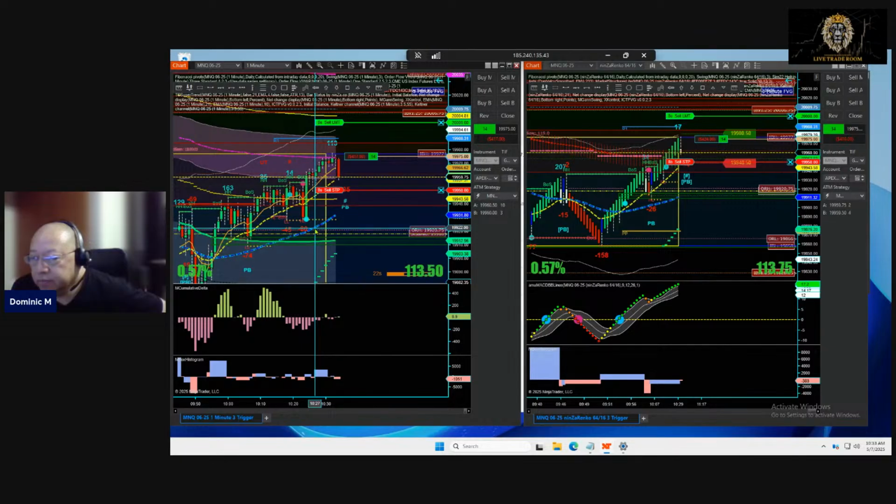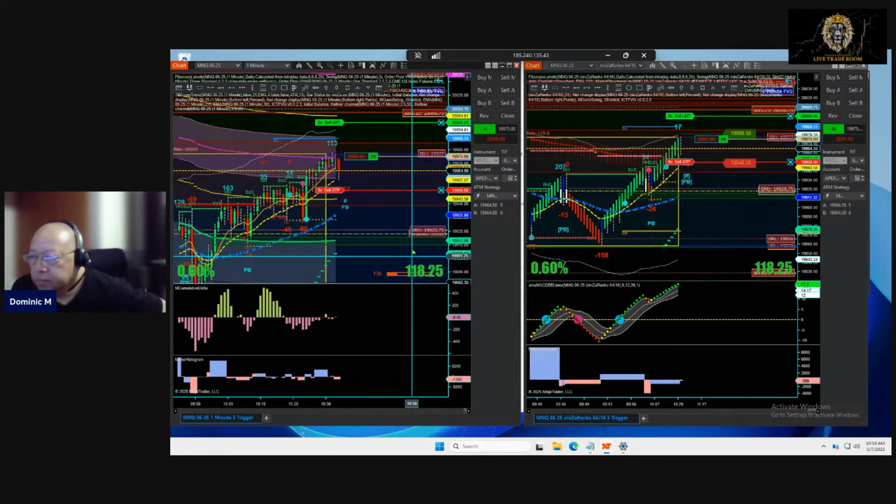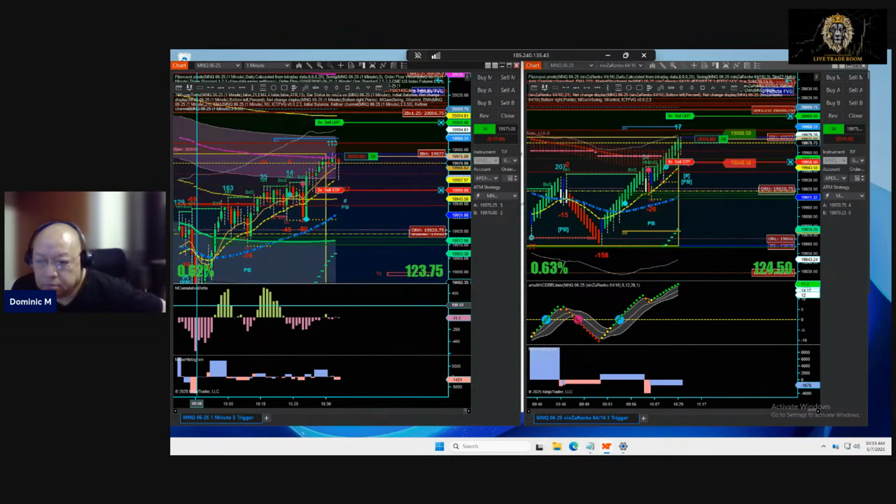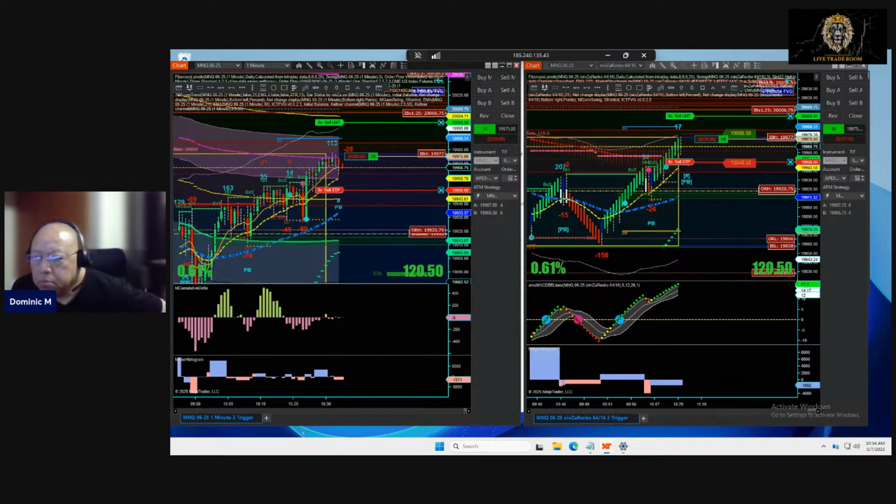Let's see if it's going to bounce off the 21 EMA, which it looks like it's trying to do right now. So we just have a pierce, but not really a red bar. Let's see if it's going to continue coming down. Again, this may be just a pierce and come back up.